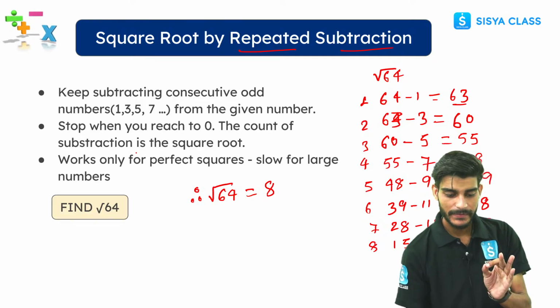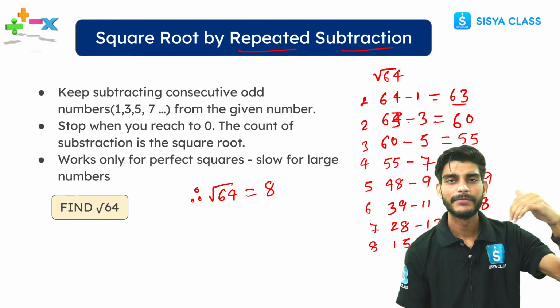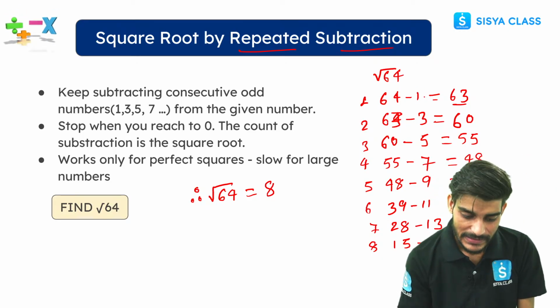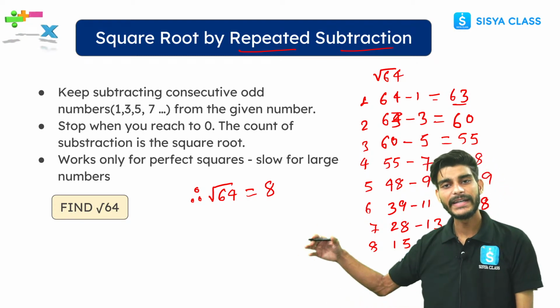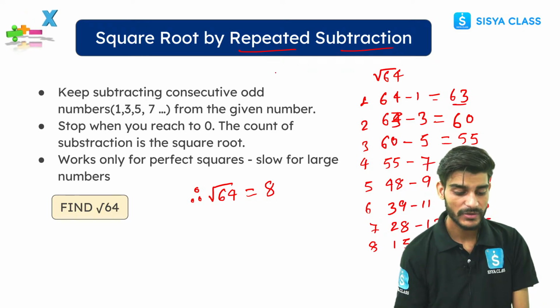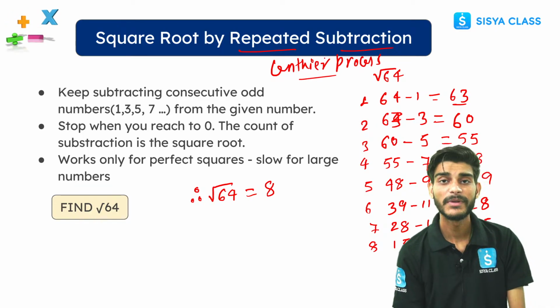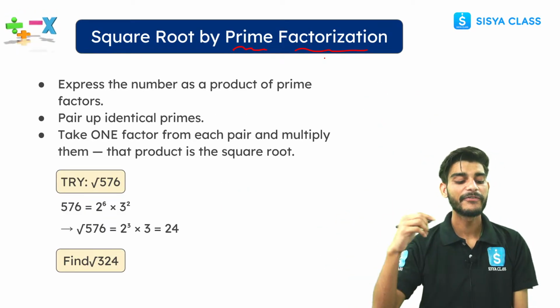If we have a big number, let's say 625, and you have to find its square root, should I subtract 1, 3, 5, 7, 9, 11, 13, 15, 17, 19 like that again and again? No, this will be a lengthier process for big numbers. So we have another method called the prime factorization method.